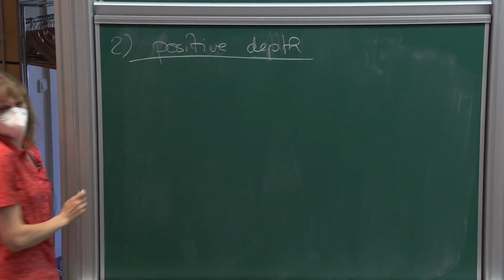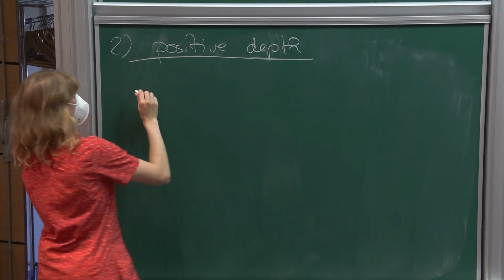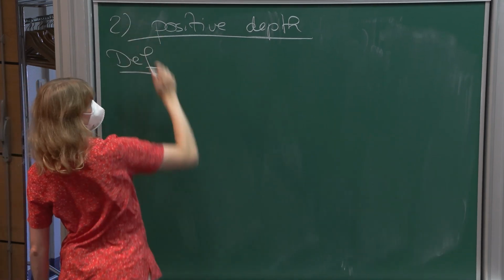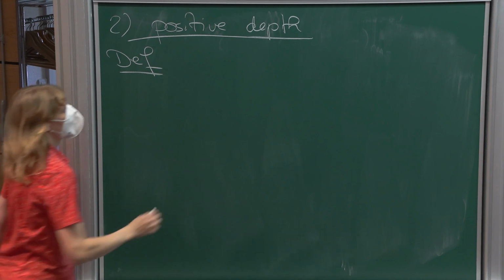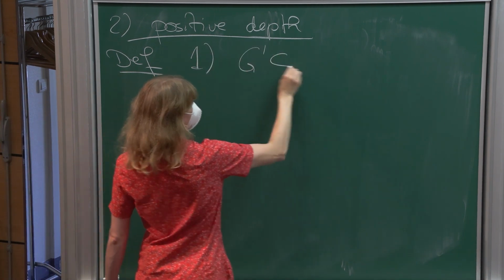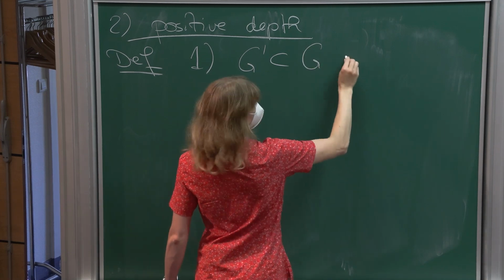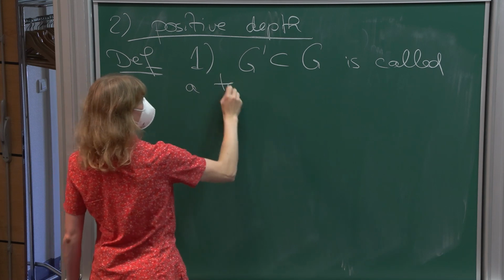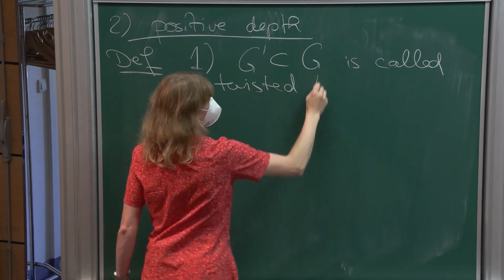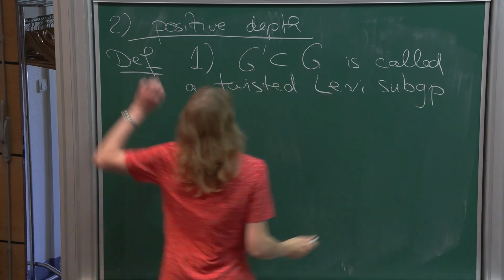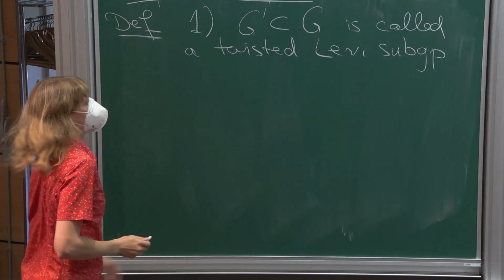To go into the positive depth realm, I have to introduce some key notation that is used in the construction of supercuspidal representations. The first one is a twisted Levi subgroup, so G prime inside G. The subgroup is called a twisted Levi subgroup if it becomes a Levi subgroup over some field extension.